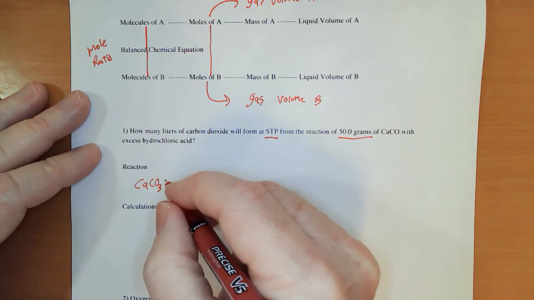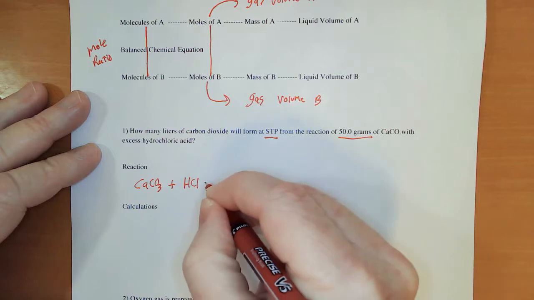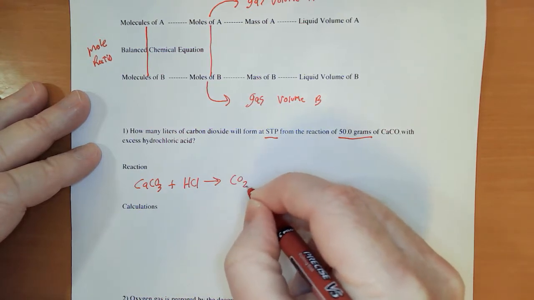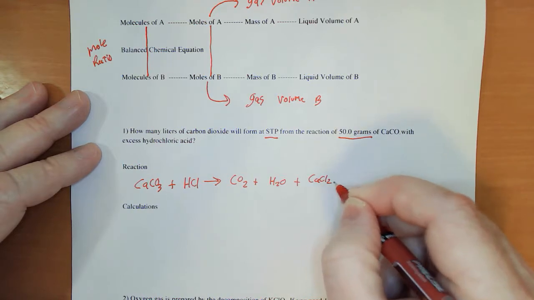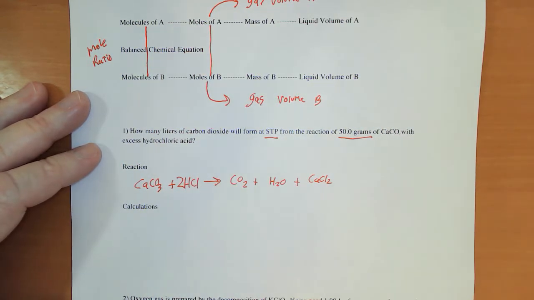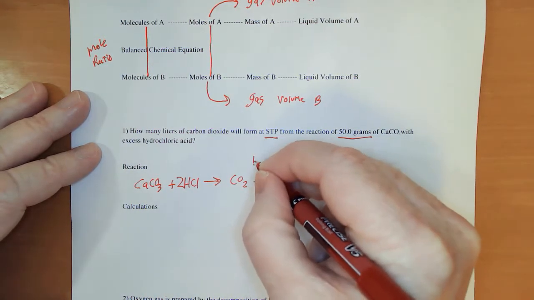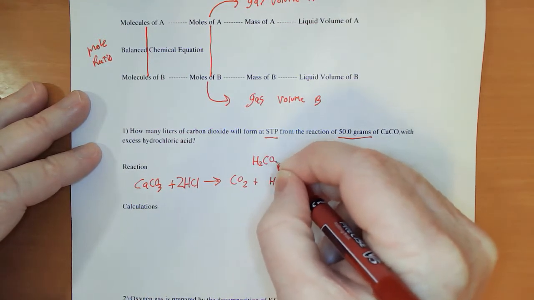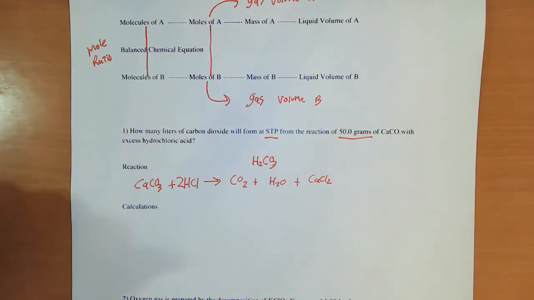CaCO3 plus my HCl's to give me CO2 and H2O and CaCl2. We'll throw a 2 in front of that. The CO2 and the H2O actually come from H2CO3 breaking down. So it's a double replacement, and then there's a decomposition involved.